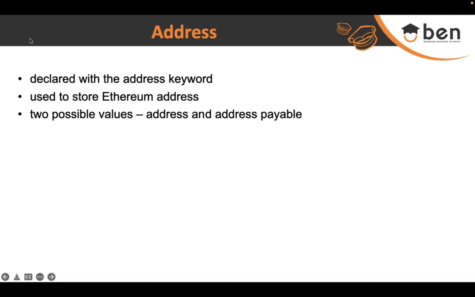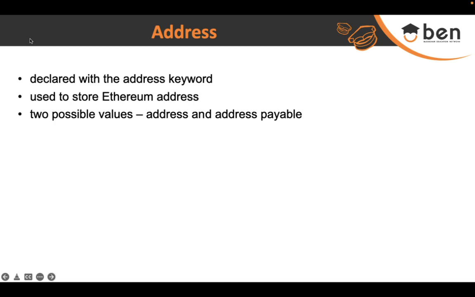Only then are you allowed to send or transfer even the ethers to that address. So if you just want to save the address for other purposes and transferring or sending of ethers is not required, then you can simply use the address keyword.